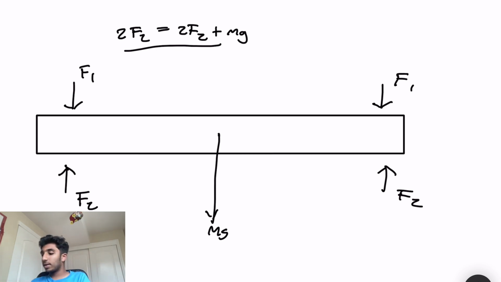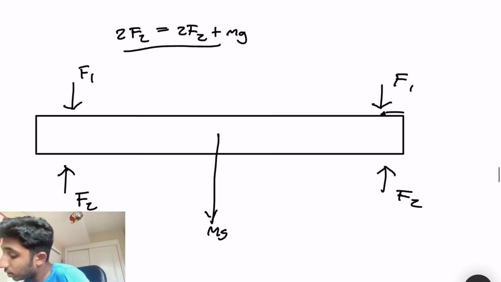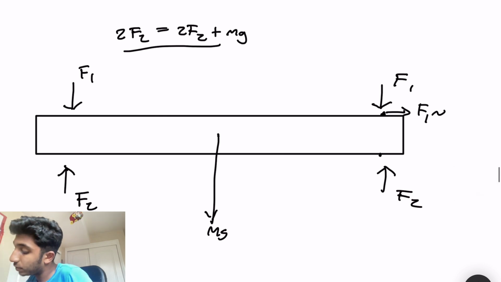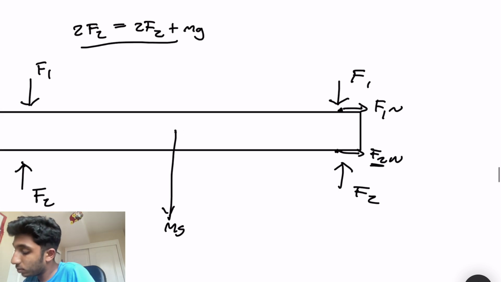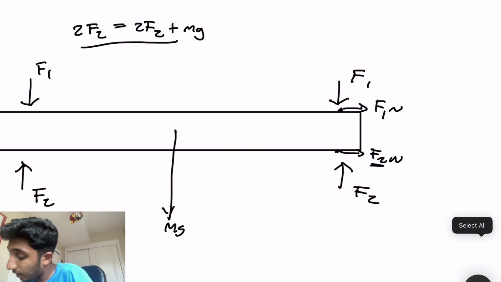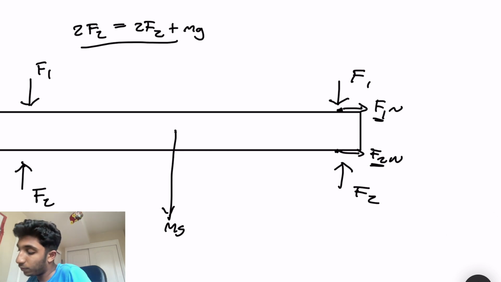So, let's see what these friction forces are. Over here, at this point, there's a friction force of F1 mu. And over here, there's a friction force of F2 mu. Because F2 is the normal force on this point, and F1 is the normal force on this point, and mu is the coefficient of friction.